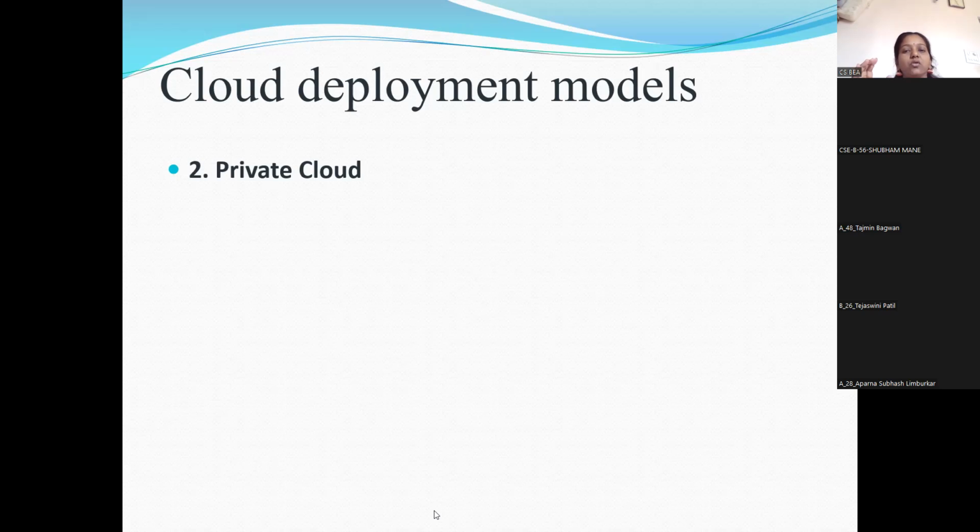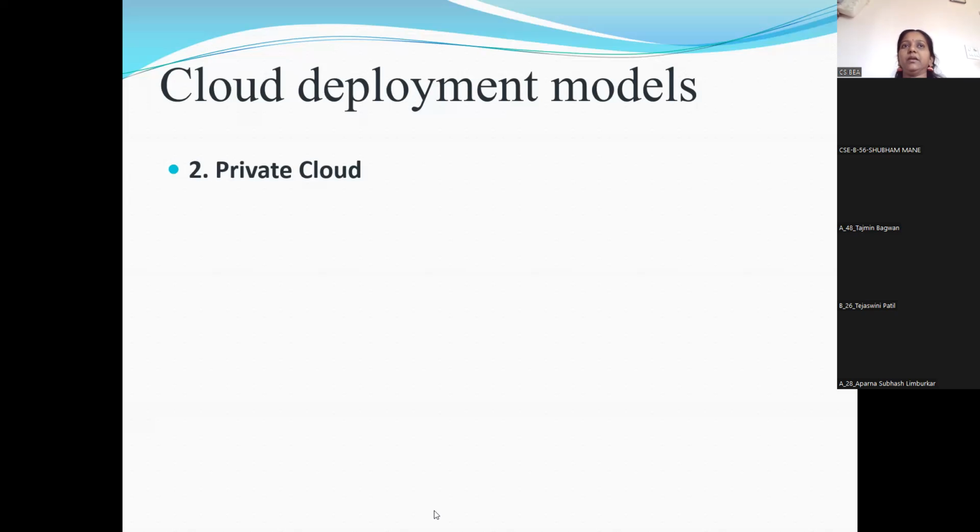Okay, so it is also called an internal cloud, and it refers to the ability to access the system and services within a given border or organization itself. So the cloud platform is implemented in a cloud-based secure environment that is protected by powerful firewalls and under the supervision of an organization's IT department.